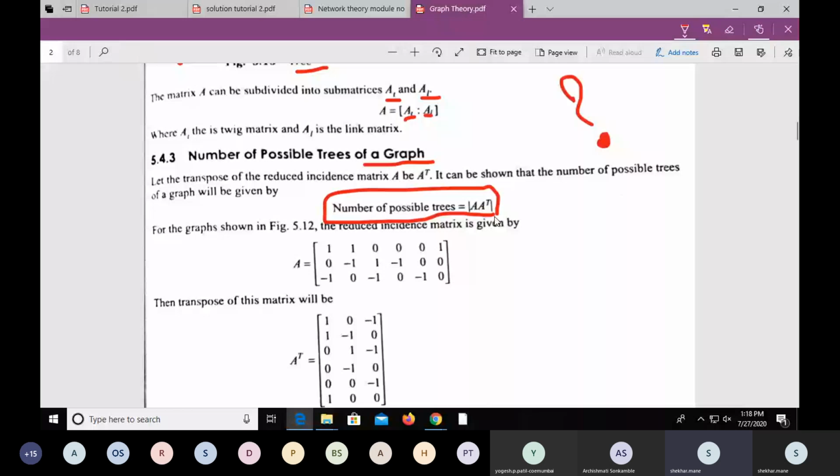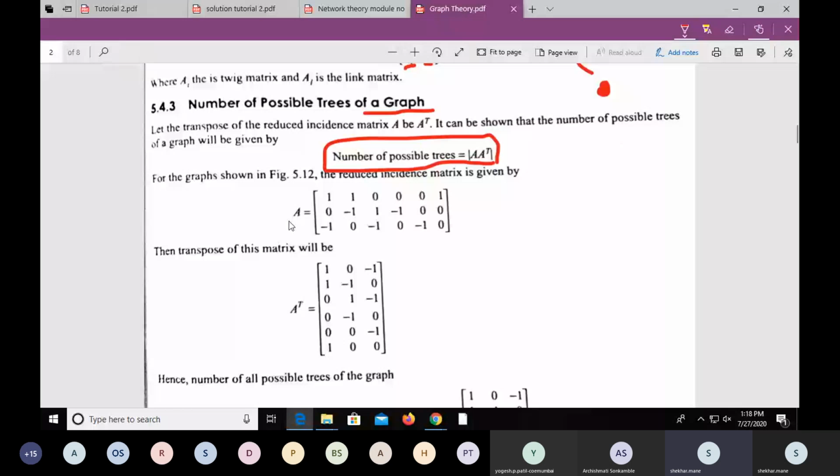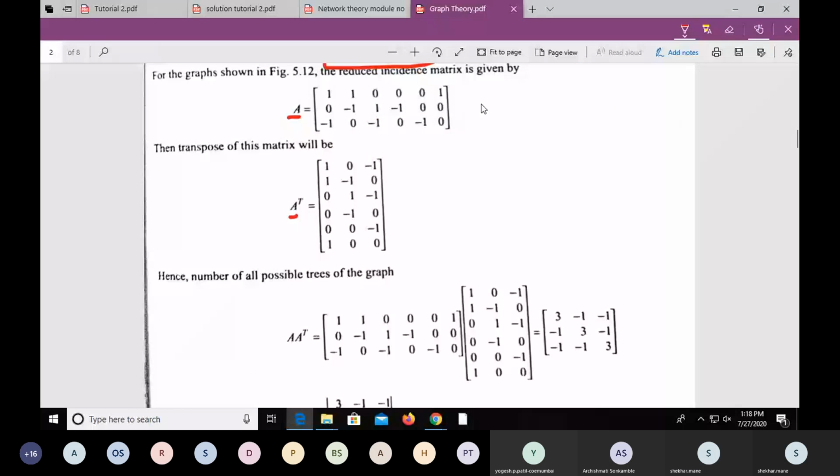Now see here, this is your A matrix. This is not the full A matrix, this is your A matrix after eliminating one row. And the transpose of this is A raised to T. This is N into B, and here this is B into N. Sorry, N minus 1.